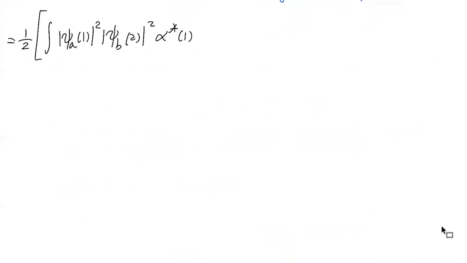So you will have alpha star times alpha, beta star times beta, ds1 ds2. Okay, this is the first term. We will have 4 terms, right? Because you have phi star times phi, and phi contains 2 terms. So phi star times phi contains 4 terms. So this is the first term.